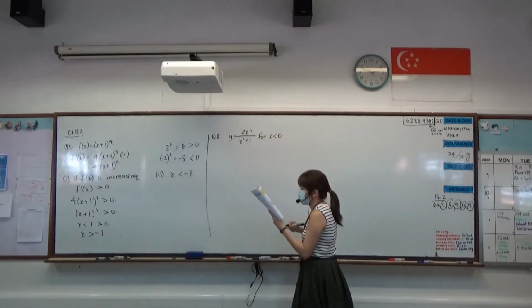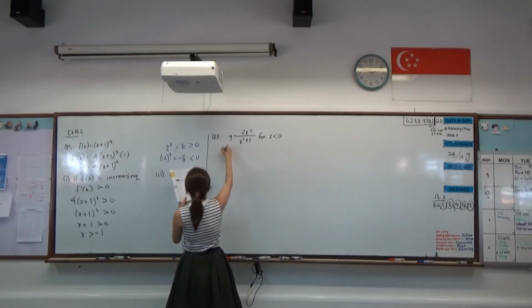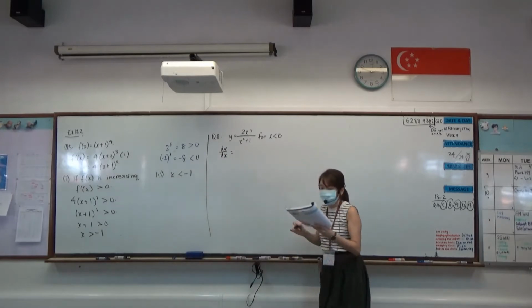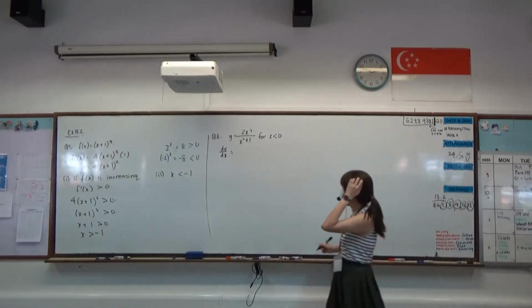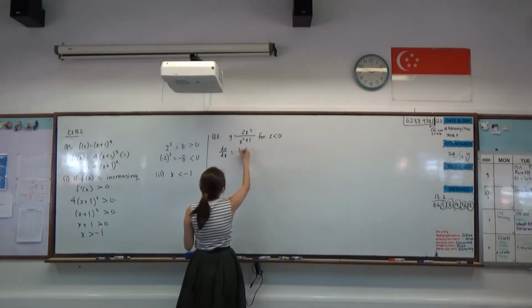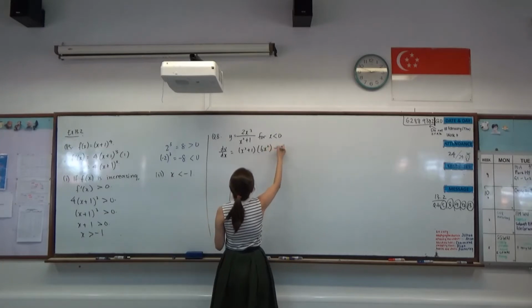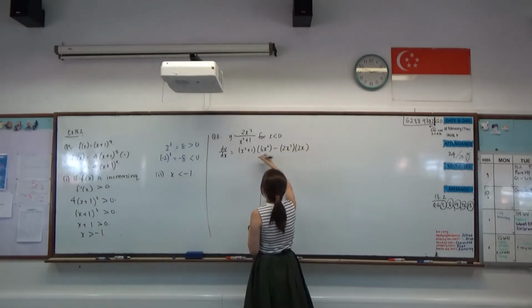Okay, given this for x less than 0, we want to find dy over dx and explain why y is an increasing function. So if we were to differentiate this using our quotient rule, keep the bottom, differentiate the top, minus away, keep the top, differentiate the bottom.